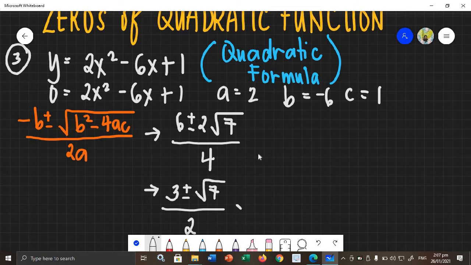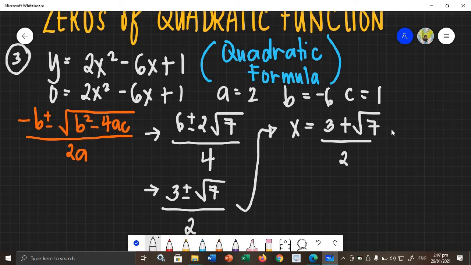And, ito na. Ito na siya. So, x is equal to, paghiwalayin lang yung positive and negative na sign, we have 3 plus square root of 7 over 2. Yun yung unang 0 natin. And, the second one, we have 3 minus square root of 7 over 2. Ayan.